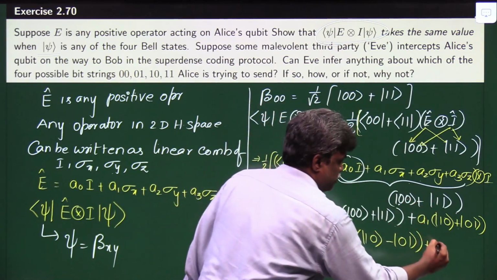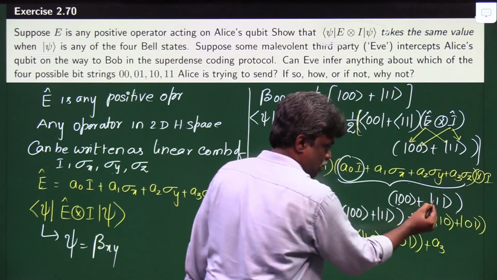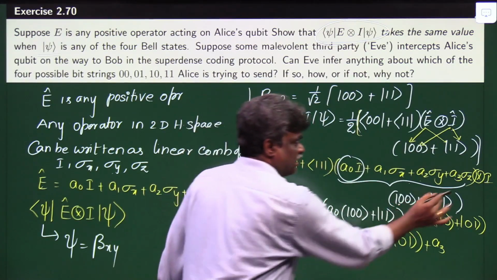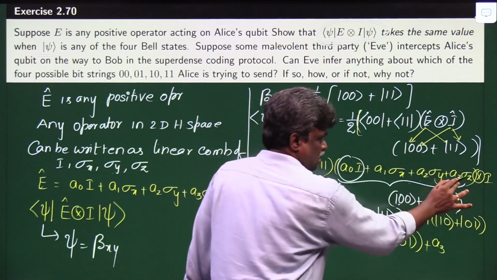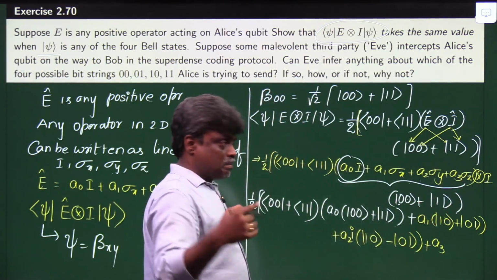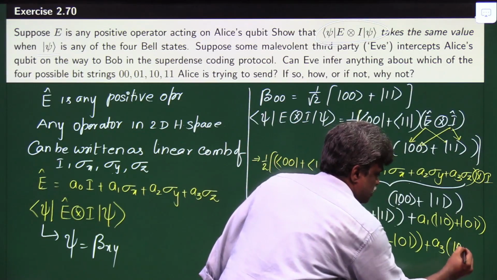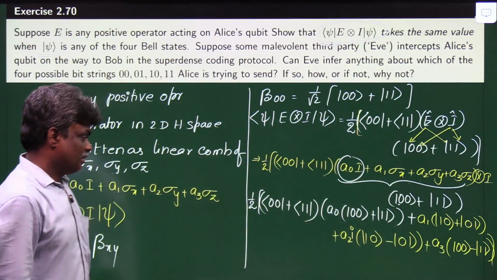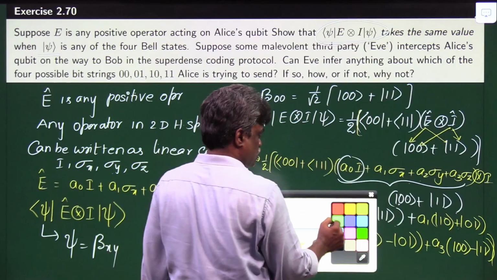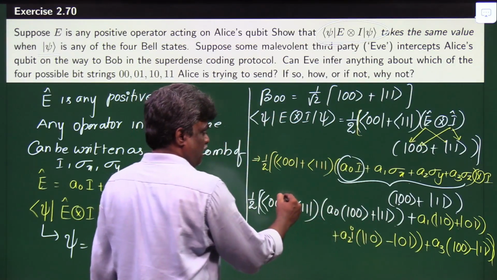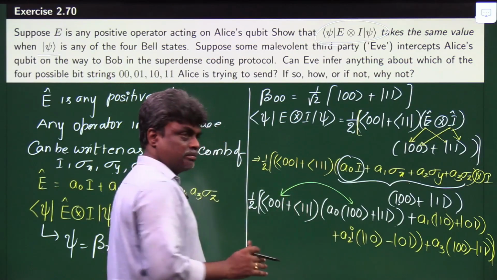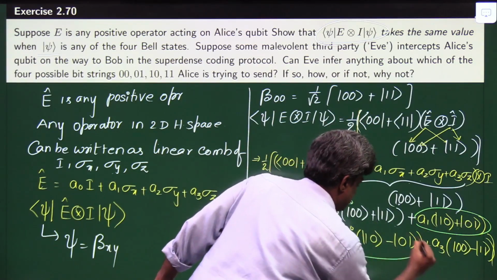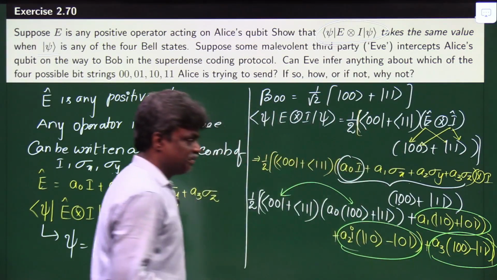And next, similarly, if you take A3: sigma z operates on 0, it's 0 only, but sigma z operates on 1, you will get minus, so that's why this is |00⟩ minus |11⟩. That's it. So please observe, once you find the inner product, these two inner products remain not equal to 0, and the rest of the inner products, this one and this one and this one, are definitely equal to 0.